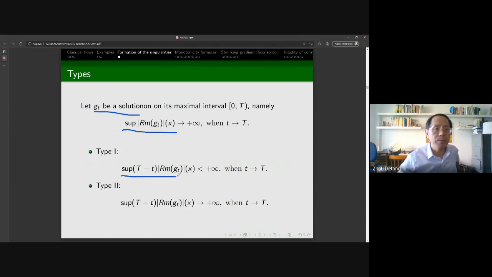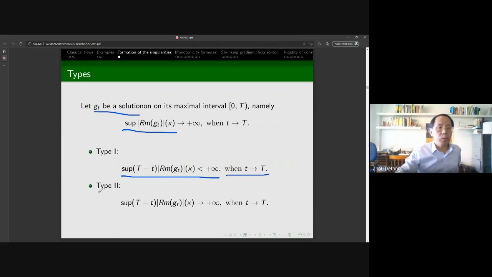One is that the sup of (T minus t) times the norm of the curvature tensor is finite when t goes to the maximum time.